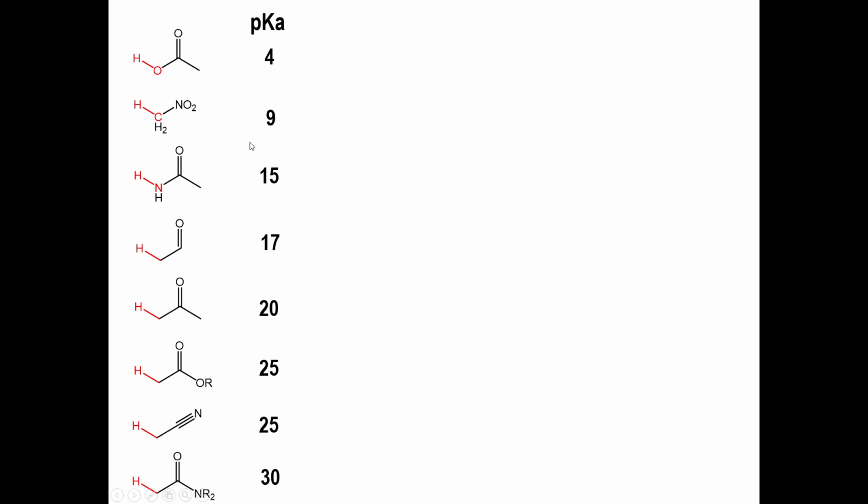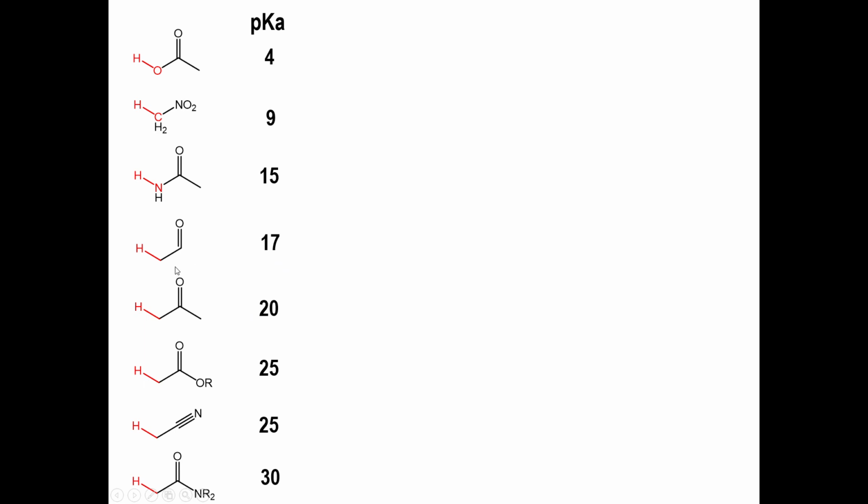And when you continue going down the list, you'll notice that the second, or technically I guess the third, acidic type of proton is the NH of an amide. We're looking at a pKa of about 15, and it's not until we get to the aldehydes and the carbonyls, basically your ketones and aldehydes, that we start getting values of about 18, 19, roughly speaking.